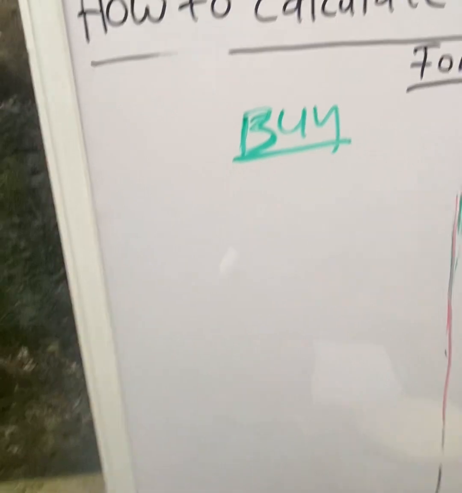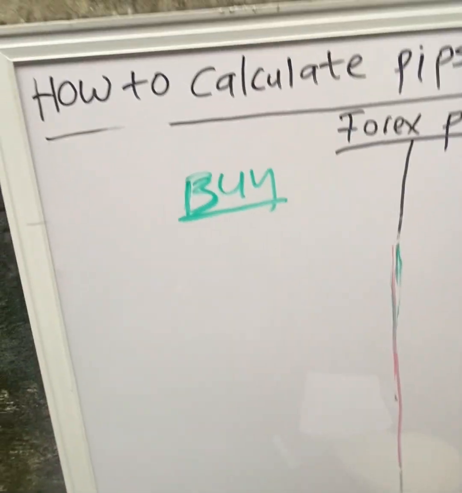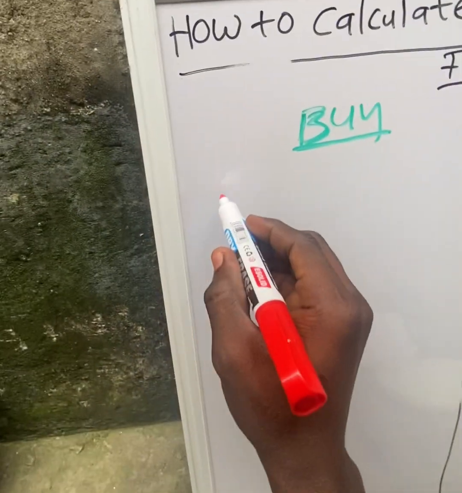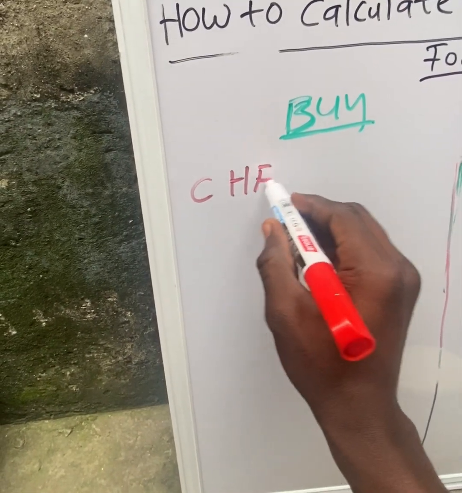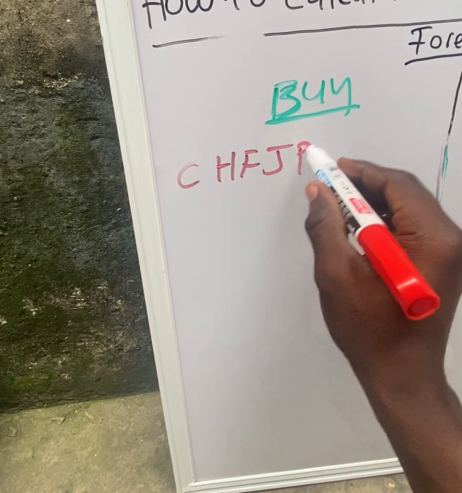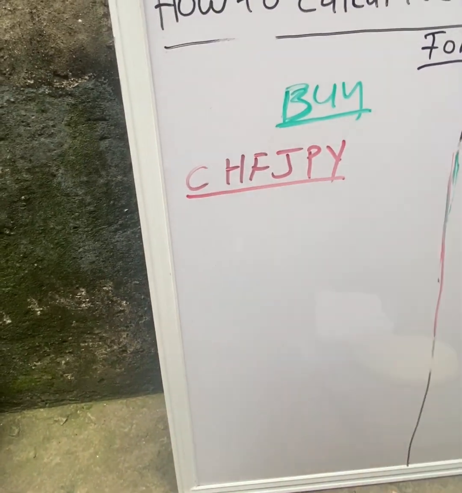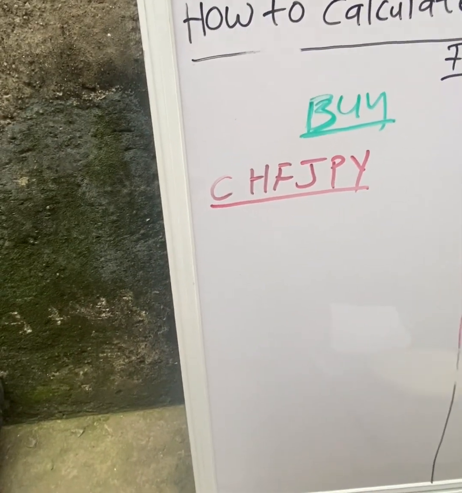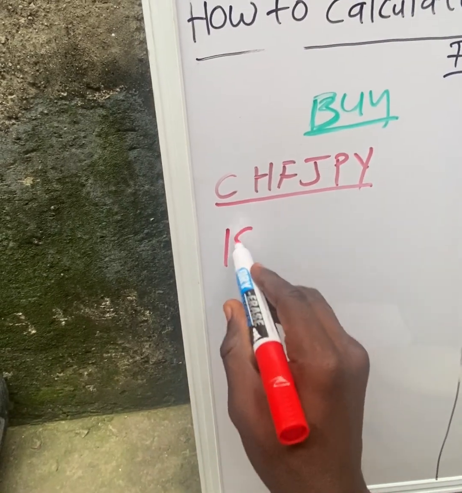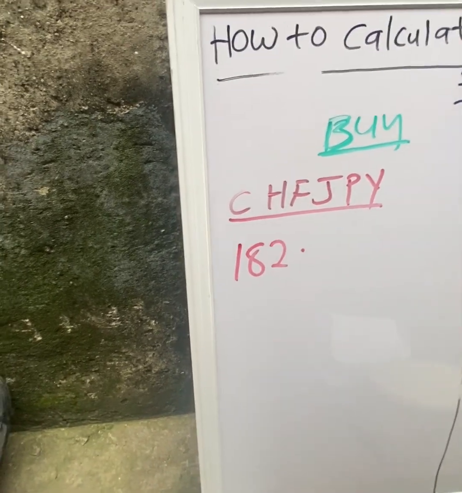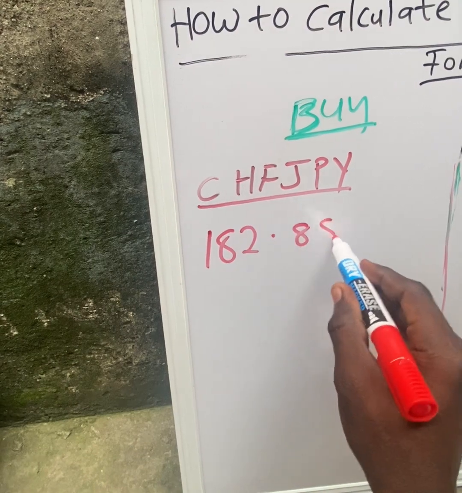Okay, so let's go with Chef JPY. The current market price for Chef JPY is 182.884.